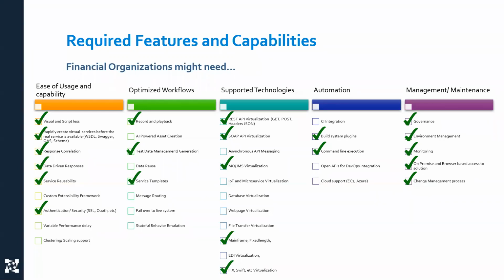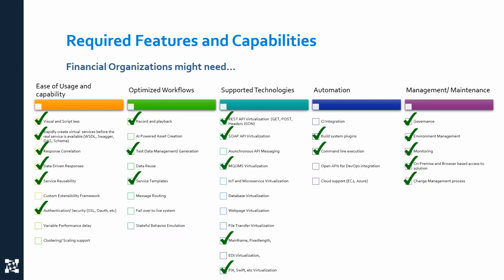When it comes to automation, things like command line execution and build system plugins are going to be important because we're going to need to be able to have these services available to us on demand with the current versions. And so to be able to swap all of that in will be critical.